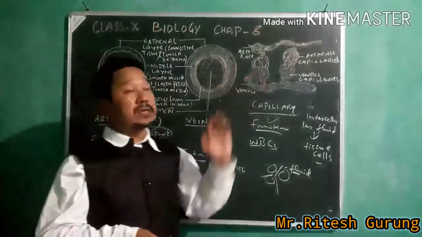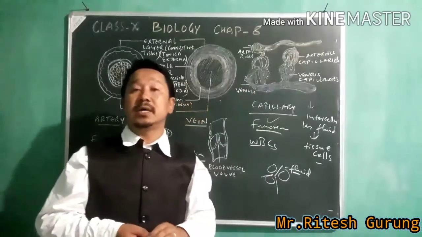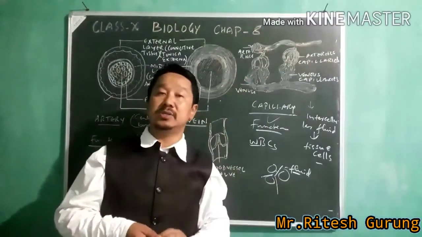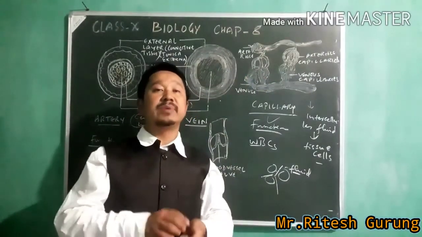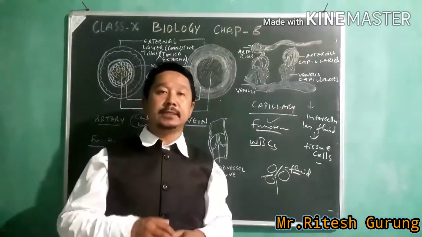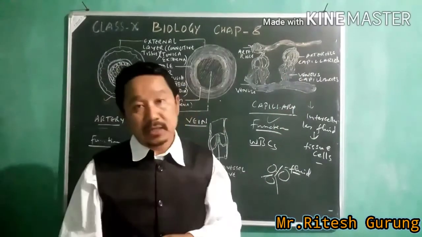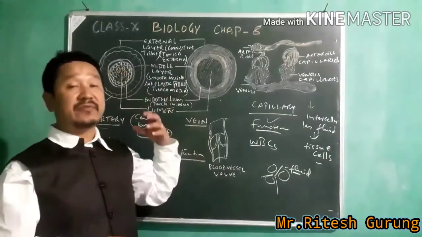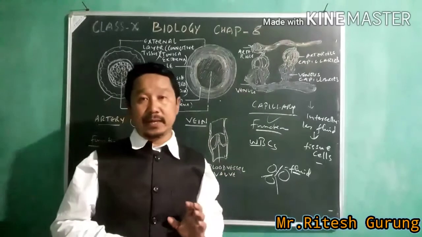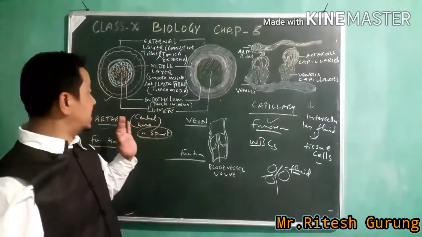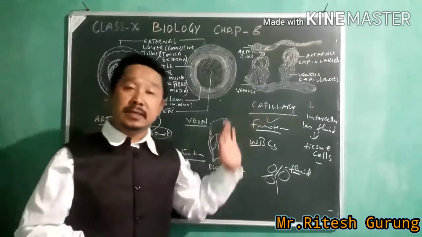So this capillary allows WBCs to be oozed out of this vessel and fight against the germs. Okay, so these are the different functions of capillary. These are three different kinds of blood vessels, that is artery, vein, and capillaries.